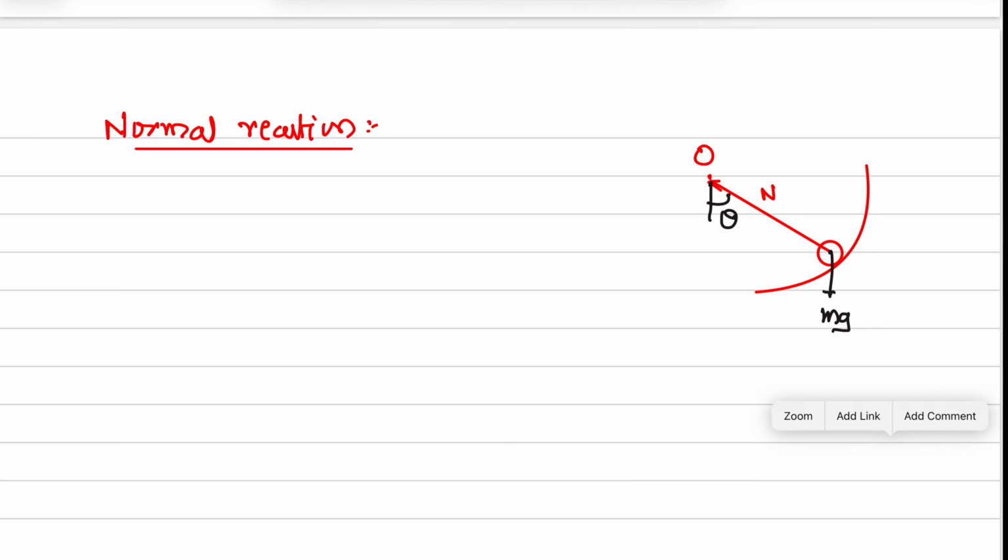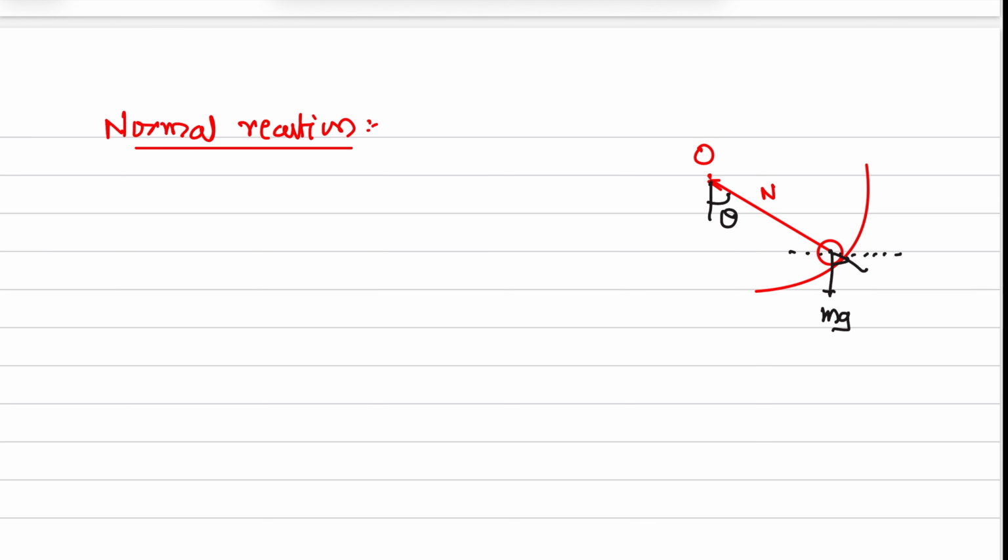Please try to refer to my earlier lectures for this. This angle is theta, and this will be mg cos theta, because the component along theta is mg cos theta. N is in the upward direction, mg cos theta is in the downward direction.